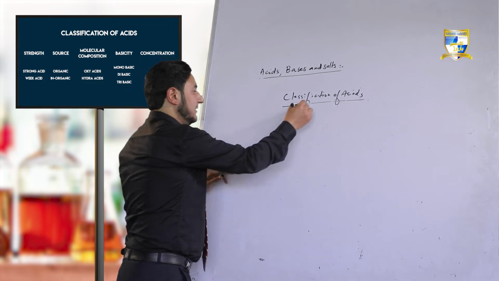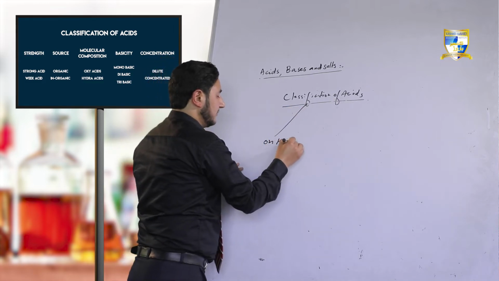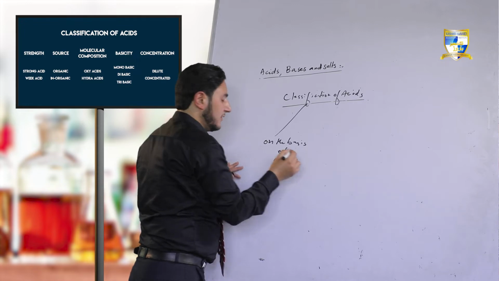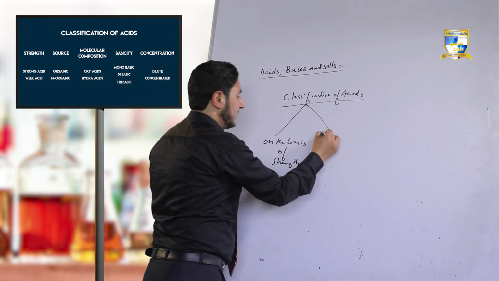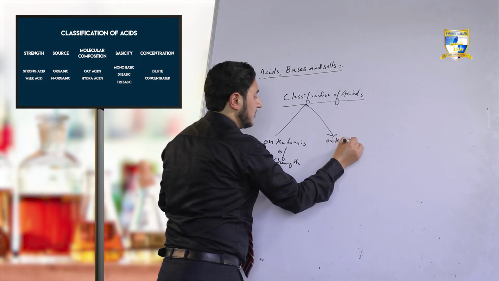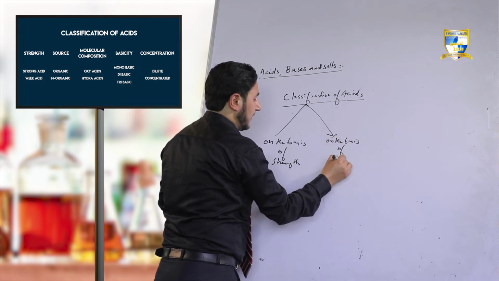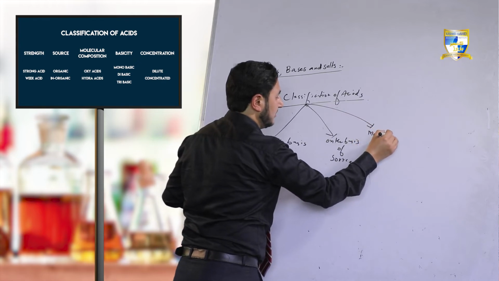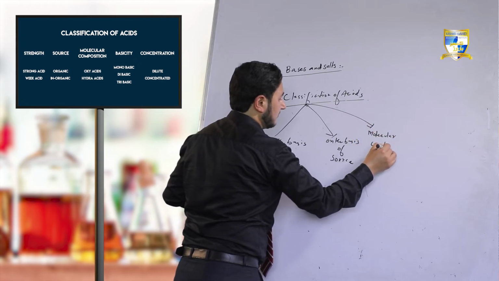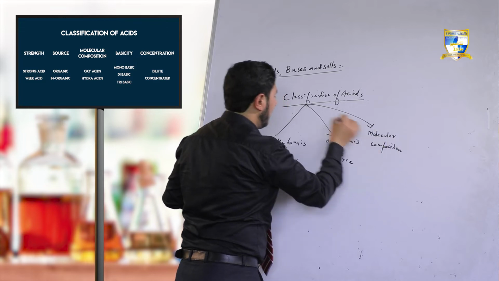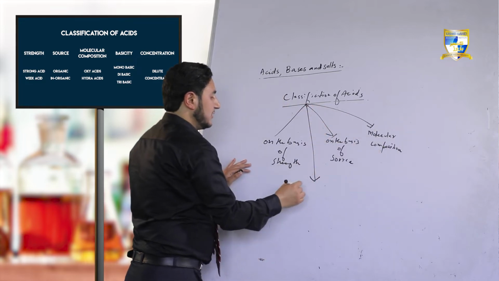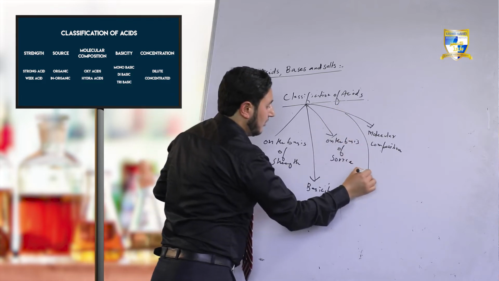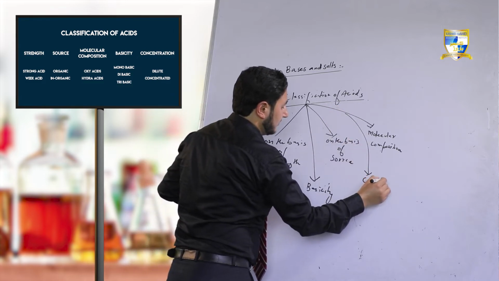We classify acids on the basis of strength, on the basis of source, on the basis of molecular composition, on the basis of basicity, and on the basis of concentration.